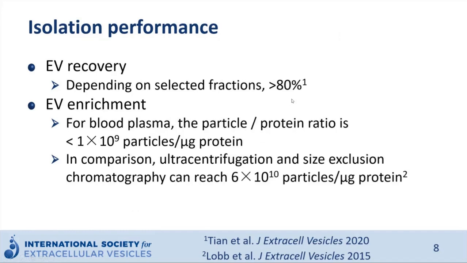However, when dealing with protein-rich biofluids, it has an intrinsic problem of low purity. For example, in blood plasma, the purity is typically less than 1 times 10 to the 9th particles per microgram protein. In comparison, ultracentrifugation and size exclusion chromatography can reach 6 times 10 to the 10th particles per microgram protein.